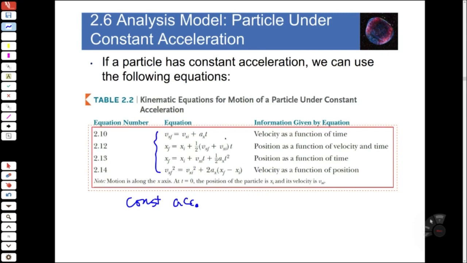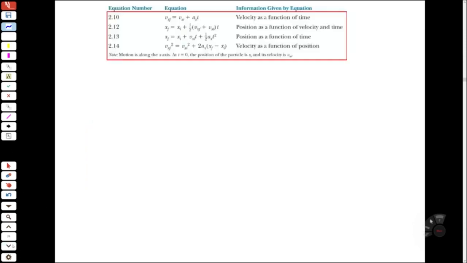This one is velocity versus time, this one is position versus time, this one is position and velocity, this is position and acceleration, and this is velocity versus x_f. These are very important relations, so I'm going to derive them very quickly.